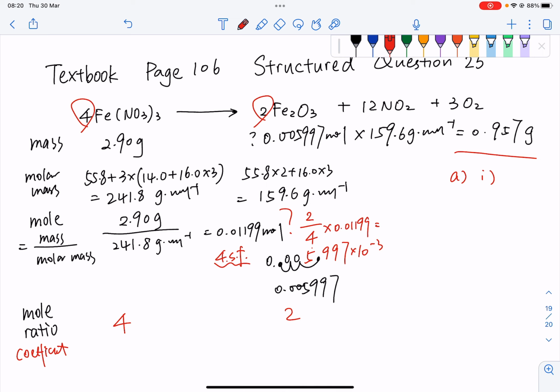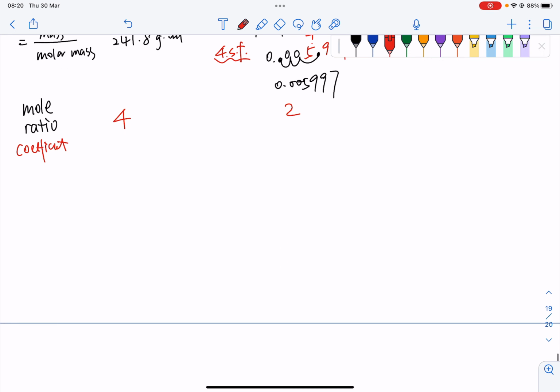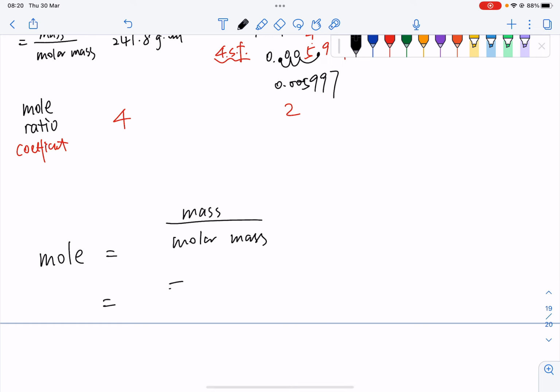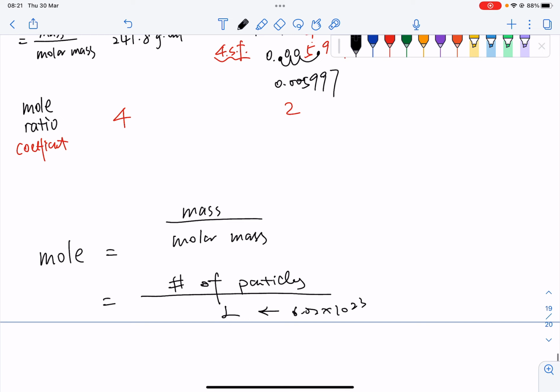The second question asks us to calculate the number of oxygen atoms produced in this reaction. Remember the formula: mole equals mass over molar mass, and also equals the number of particles divided by L, which is 6.02 times 10 to the power 23, the Avogadro constant.